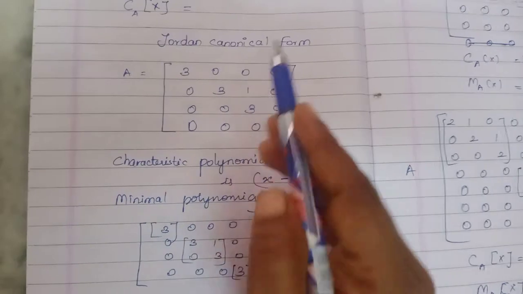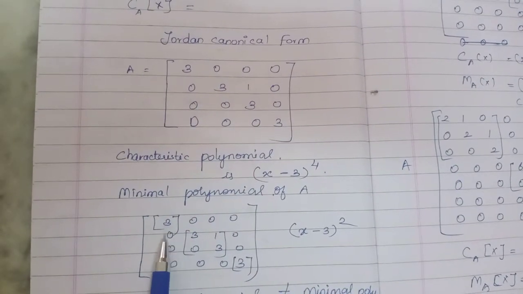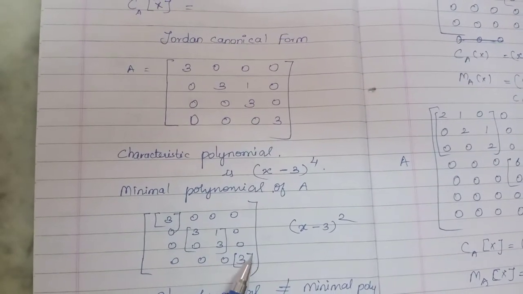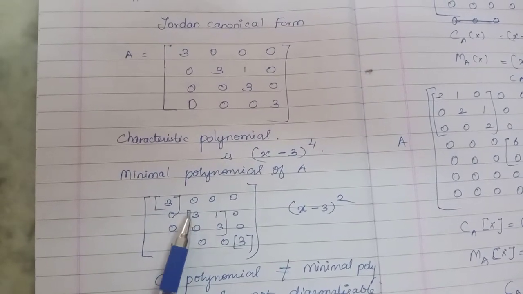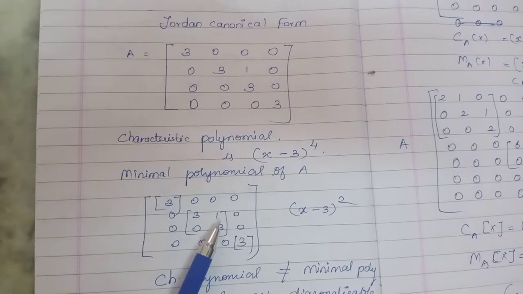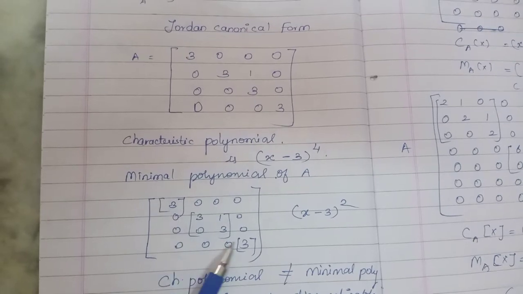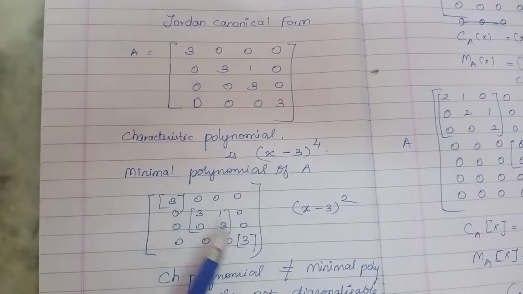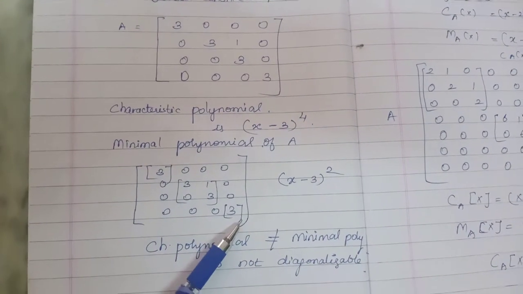So here only 3, so this is a separate block, and this is also a separate block, and this is also a separate block, and this block is called the Jordan block since above the main diagonal we have 1 here. If we see this type of matrix, that is called a Jordan canonical form of the matrix. These are all blocks: this is 1 block, this is 2 blocks and 3 blocks.